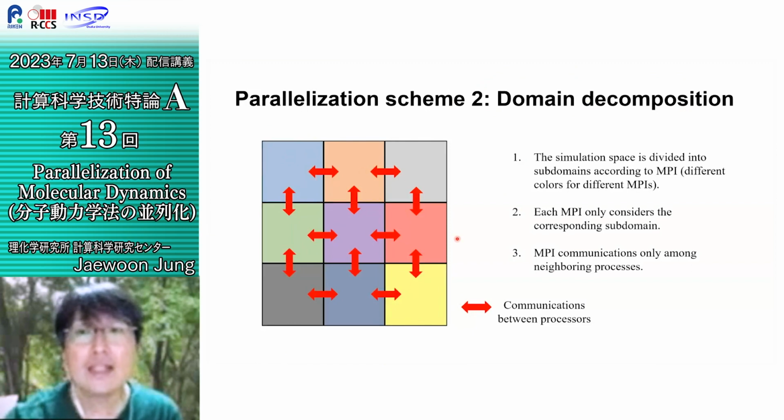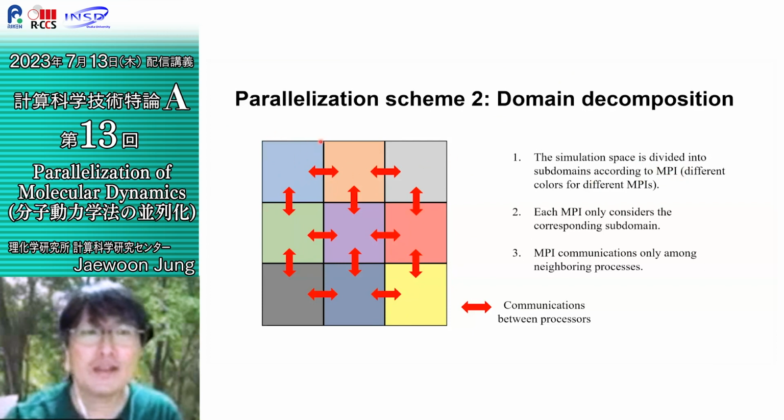And each subdomain space is assigned to an MPI process. So here I assumed 9 MPI, in other words, 9 MPI processors. And each MPI process, or each processor, calculates only its own part separately.